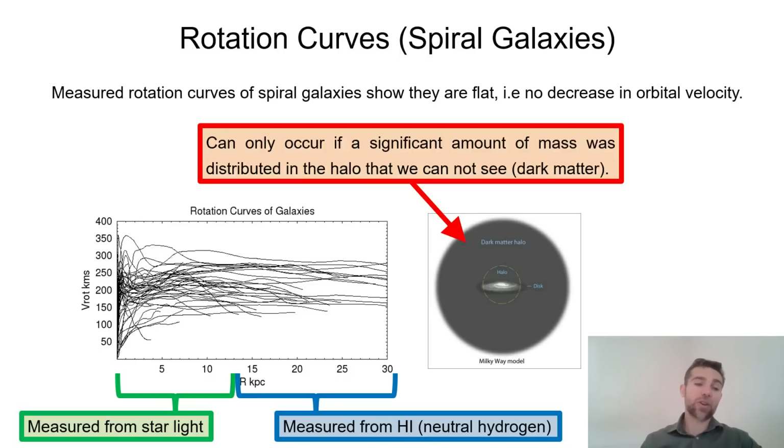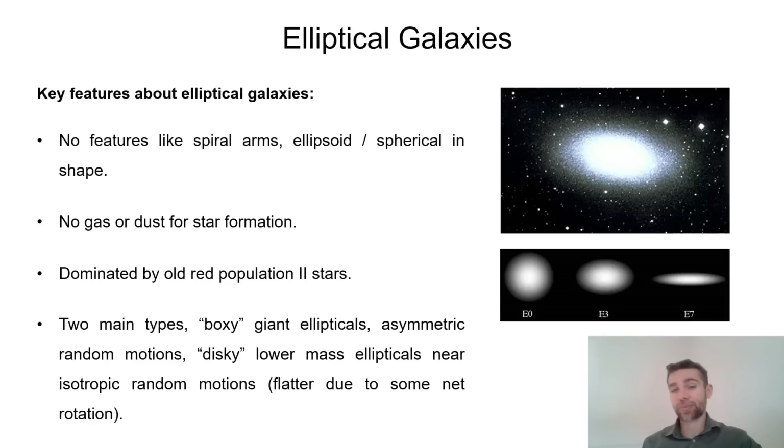But these rotation curves here are flat, which means they're rotating too fast in the outer part. Now, the only way that can really occur, or one of the best explanations, is that we have these dark matter halos. We have more mass around the outside of the galaxy, which can act to speed up the rotation of the outer part of the galaxy and give us these flat rotation curves.